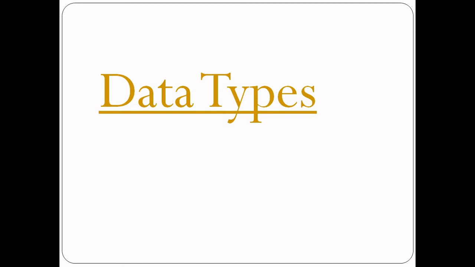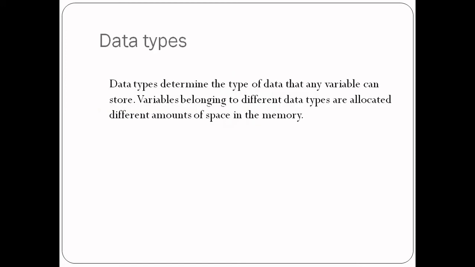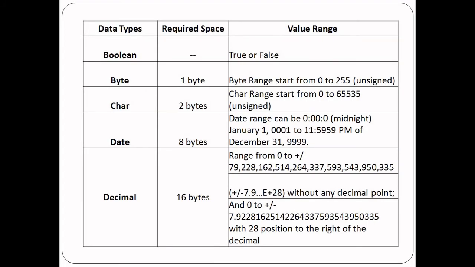Let us check out what data types we have in VB.NET. Data types determine the type of data that any variable can store. Variables belonging to different data types are allocated different amounts of memory space. Let's understand this concept. So this is the list of data types we have in VB.NET.